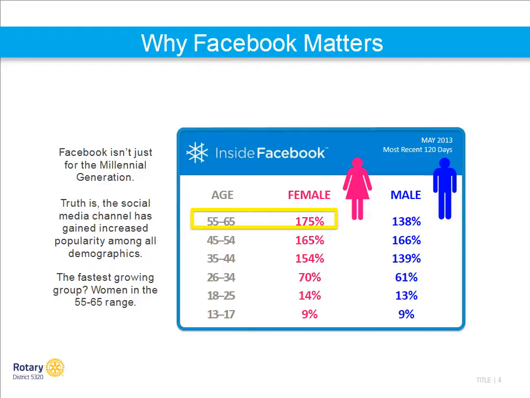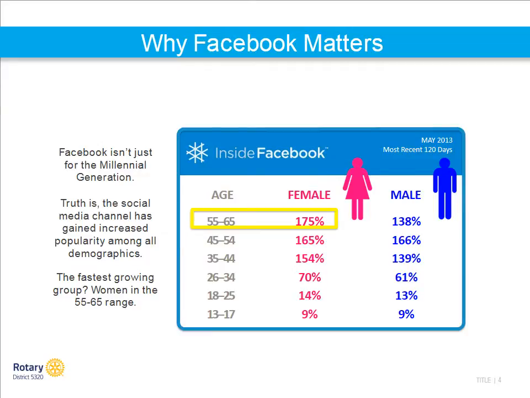Facebook is no longer, and probably never was, just for the millennials born after the year 2000. The truth is that social media has increased among all demographics, and this demographic chart here is a little bit ageist, because although it does show that the fastest growing group is women in the 55 to 65 age range, it ignores that people like my mom and others that are 80 years old and up are on Facebook enjoying the world brought to them through Facebook and other social media.